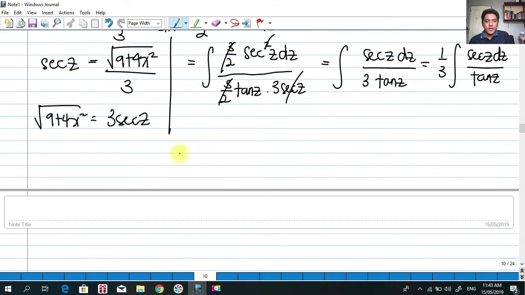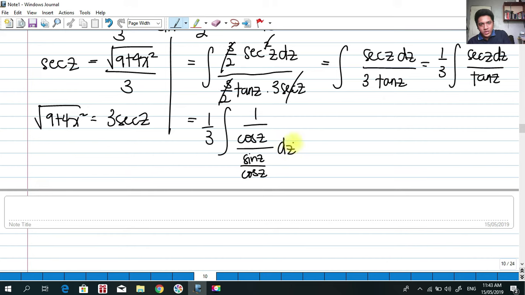So again, using some identities, we have now 1/3 the integral of 1 over cosine of z divided by sine of z over cosine of z dz. If you get the reciprocal and multiply it, we have 1 over cosine z multiplied by cosine of z over sine z dz. As you can see, cosine z will cancel.